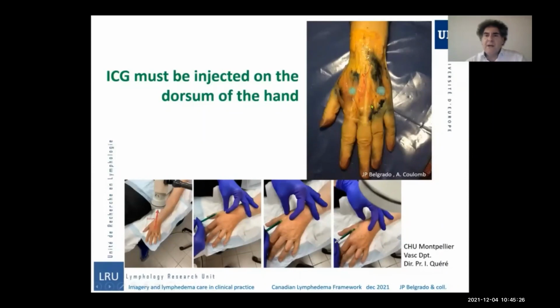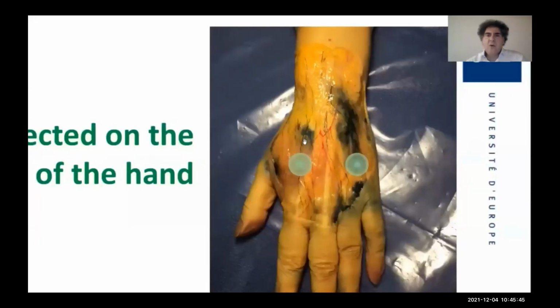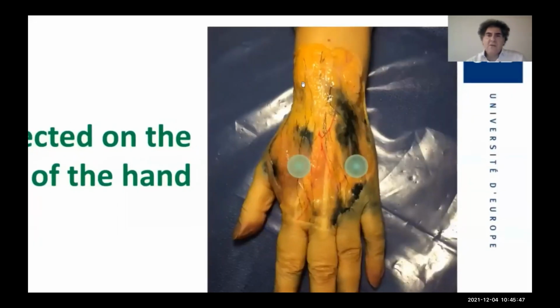We're going to inject on the dorsum of the hand in two places: this part here in the thumb area and this part here in the fifth finger area. These two places are sufficient and strategic areas to be able to illustrate the lymphatic currents that you see here.